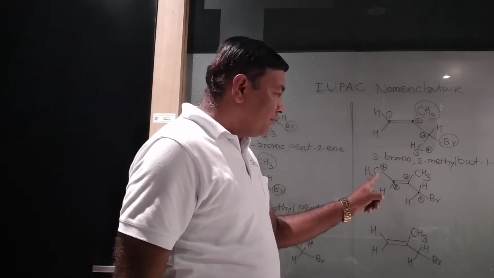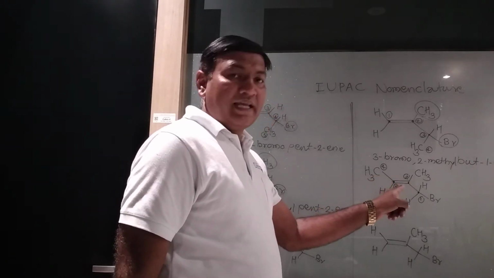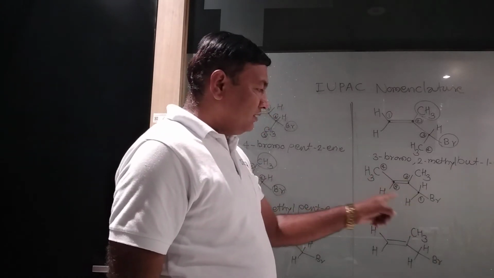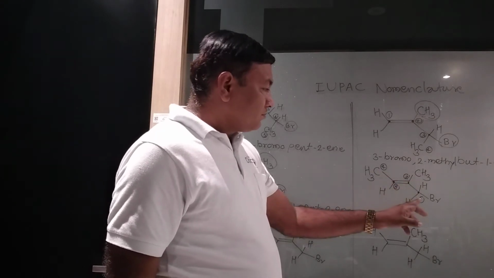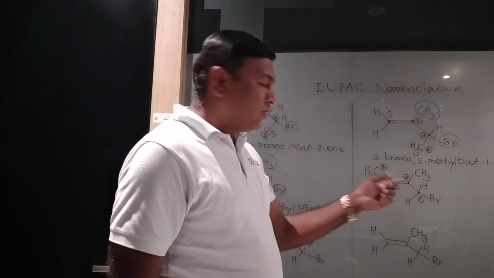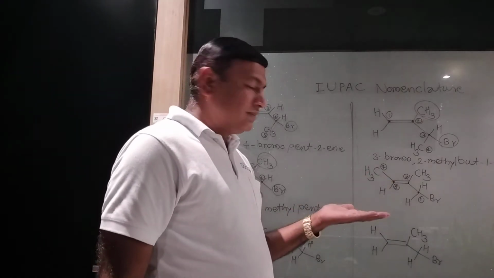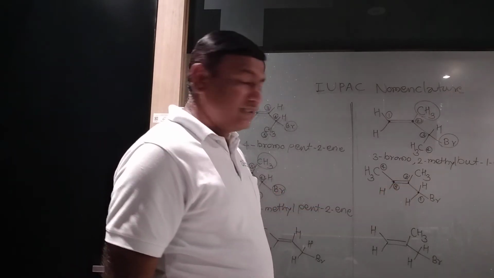If we gave numbering from the other side, then 1, 2, and number 2 would have the alkene. Understand? So this numbering is the correct numbering, 1 2 3 4. Then we write 4 carbon butane. We write butene, but in which position? The double bond is in position 2.